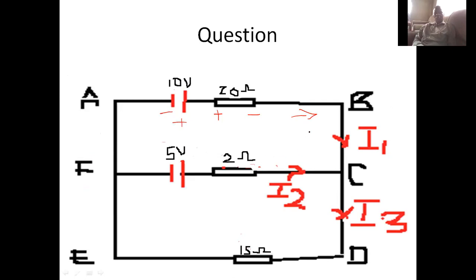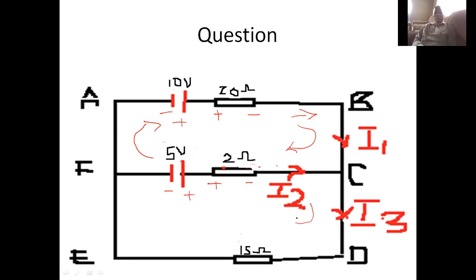And if we are going around this loop here, for loop number 1, which is A, B, C, F, it means that this one will be positive, this is negative, this is negative, this is positive.